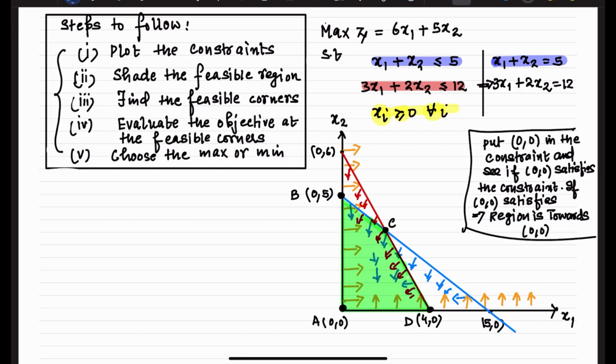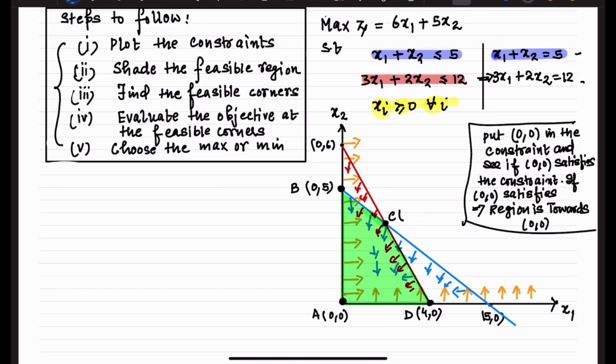So what is the point C? The point C actually lies at the intersection of the red constraint and the blue constraint. That means you solve this one and this one. So how to solve? You multiply the first by 3 and subtract. You get x1 equals 2 and you get x2 equals 3. So this is the point. How to solve? Solve these two. Multiply this by 3.